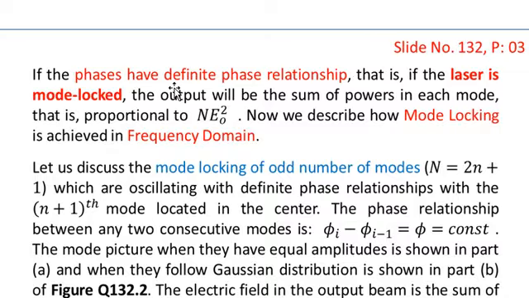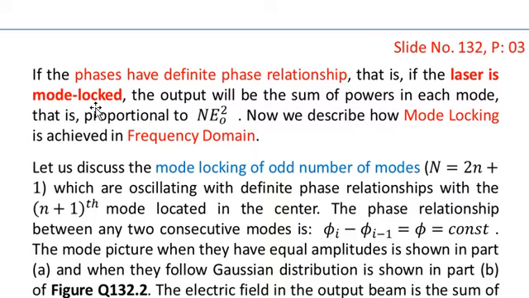Now, in the previous plot we discussed that the phase relationship is random and the amplitude is fixed. Each mode has an amplitude E naught, but the phases between them are random. Now we are talking about if the phases have a definite phase relationship, that is, if the longitudinal modes have a definite phase relationship, that is, if the laser is mode locked.